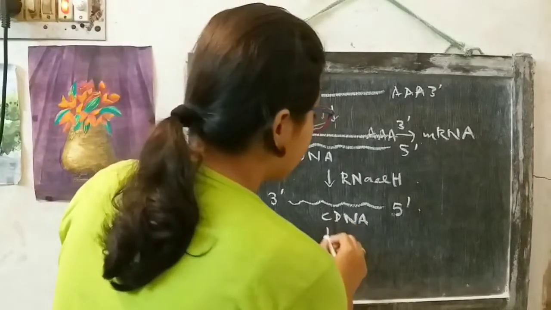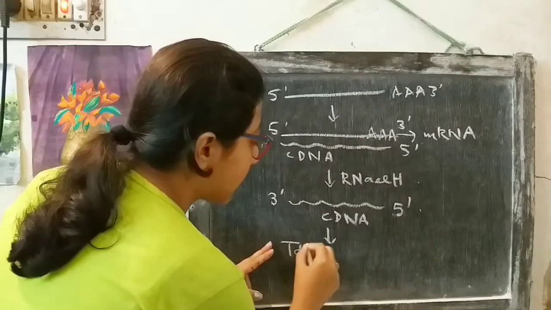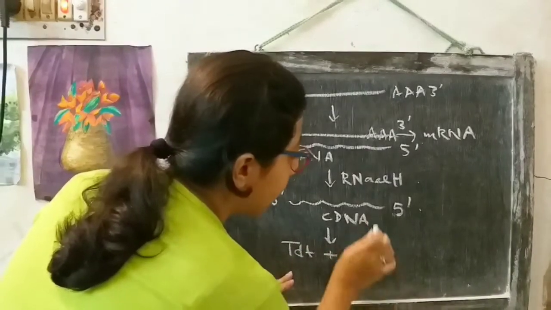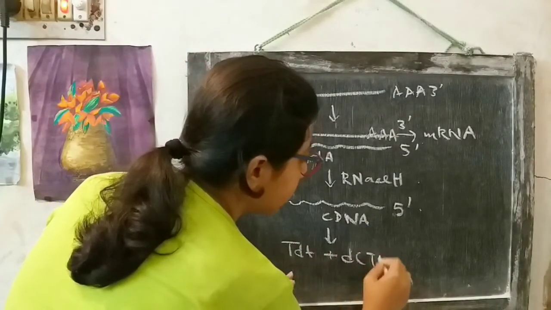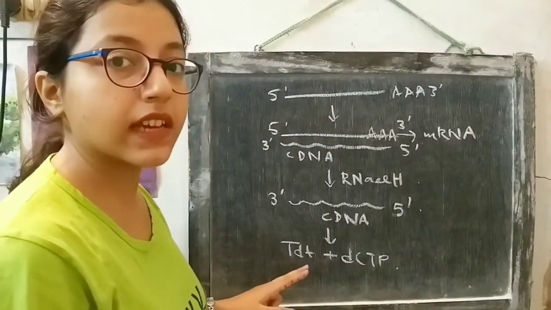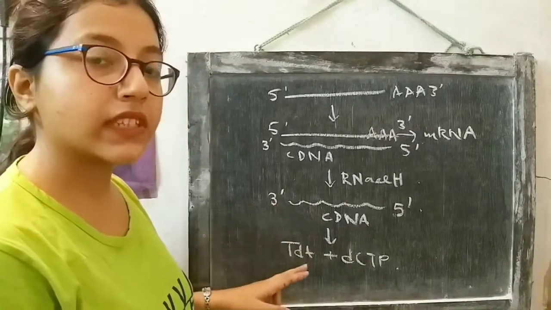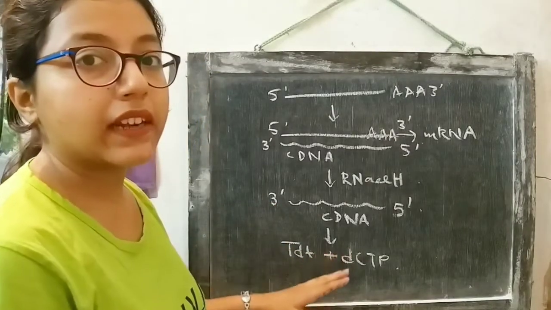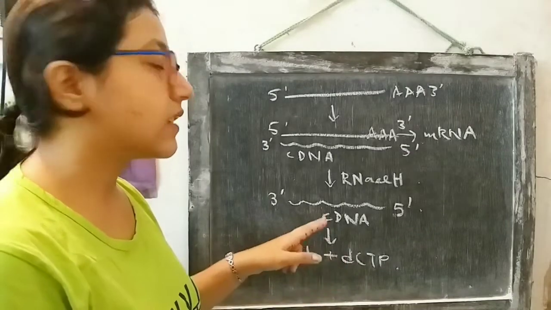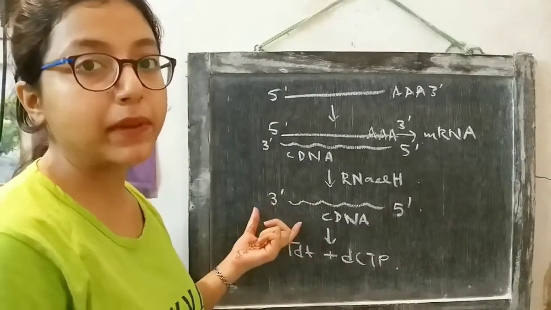So dCTP is the homopolymer here and TdT is the enzyme responsible for homopolymeric tailing. So this cDNA is treated in the presence of these two, and the product we get is a cDNA having oligo C residues attached to the 3' end of the DNA.